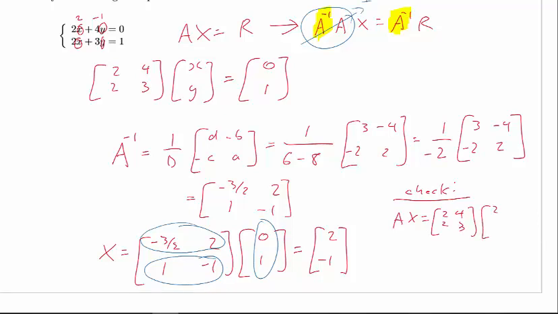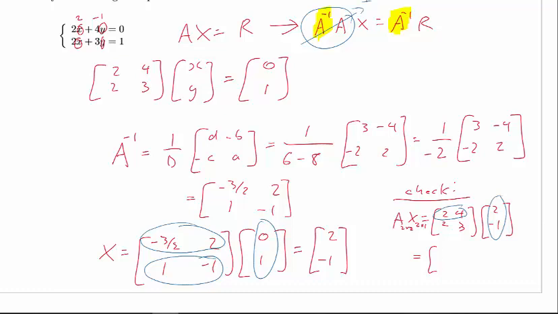And then the matrix X we found to be 2 and negative 1. And so as a reminder, 2 and 4 go this way. And just remember, this is a 2 by 2, and matrix X is a 2 by 1. So we are expecting a 2 by 1 resultant.